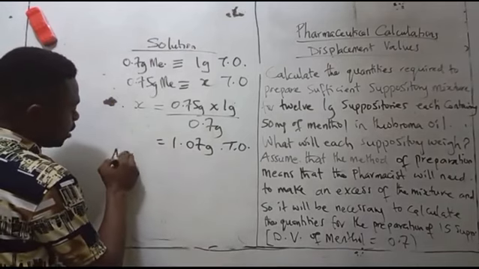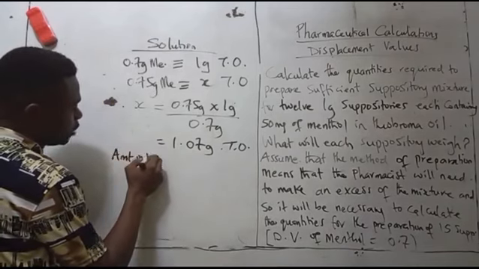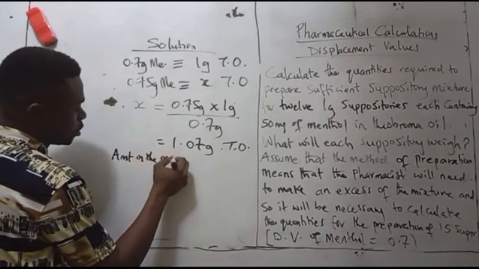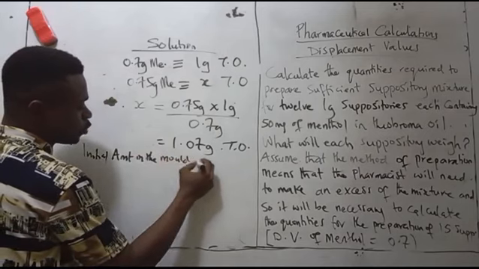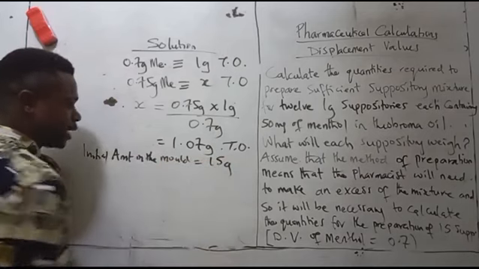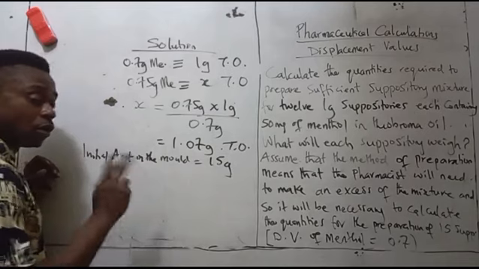So the initial amount of theobroma oil in the mold is 15 gram only.